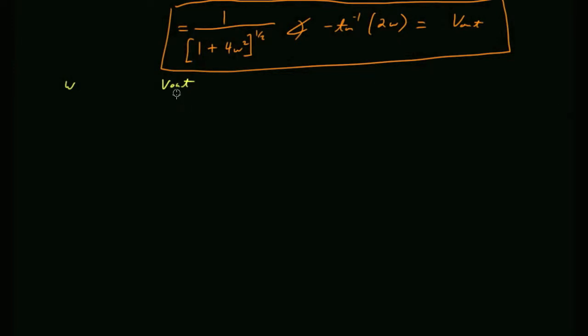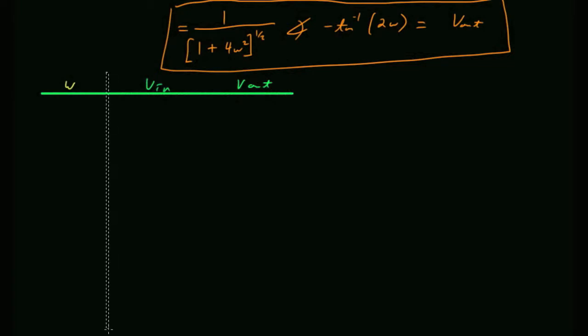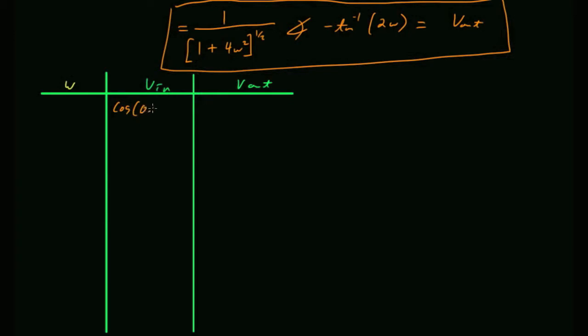Suppose for this circuit our V in equaled cosine of t. Actually, let me do one before that. Let me try a really low frequency, like cosine of 0.1 t. That's 1/10 of a radian per second.